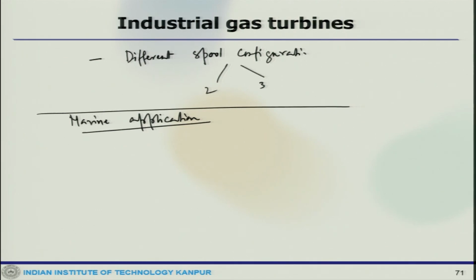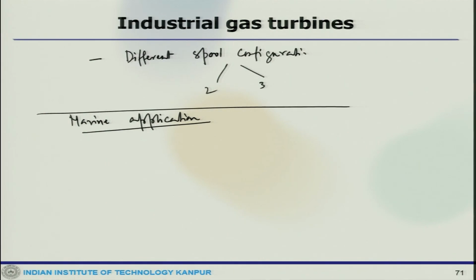A wide range of vessels is powered by marine gas turbine engines, ranging from modest size pleasure craft requiring several hundred kilowatts, and the advantage of the gas turbine plant as compared to steam plant would be there.